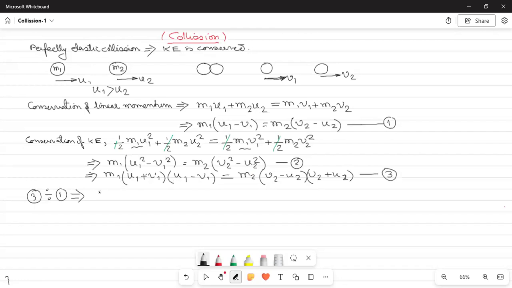So what you are left with is, on the right hand side, m2 will get cancelled. This is v2 minus u2, it will get cancelled. You are left with v2 plus u2, and then it becomes very simple.